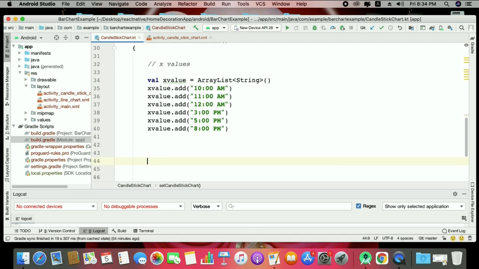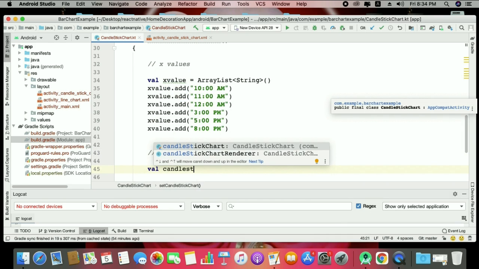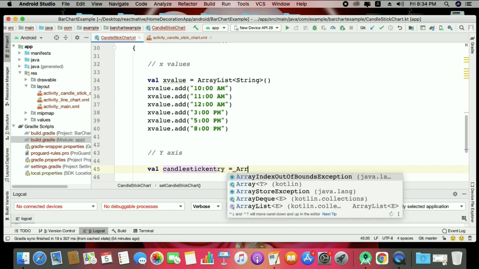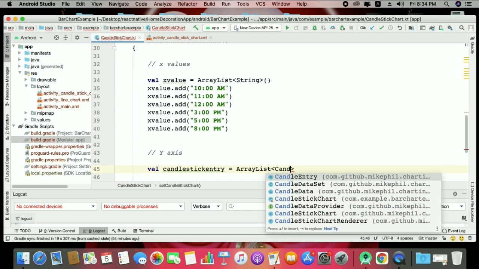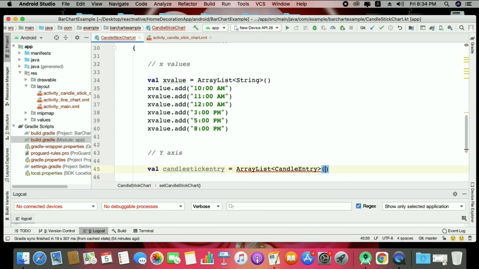Now we have to work with your candlestick entries, or you can say the y-axis values. For that you can use a candlestick entry, that's an array list of CandleEntry.